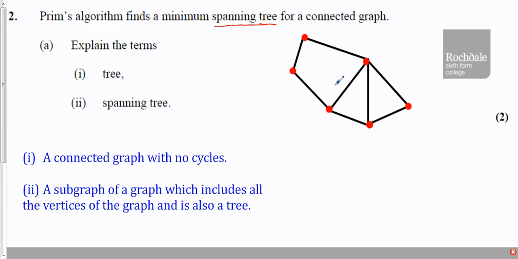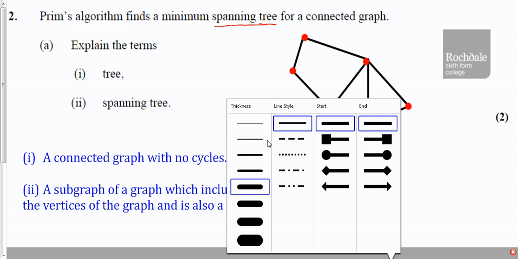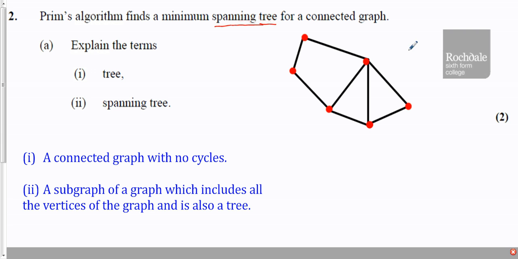It's definitely not a tree. It's got a lot of cycles. I'm now going to draw a subgraph of this graph. In fact, I'm going to give this one a name. Let's call it graph capital G. So that whole thing I'm calling capital G. A subgraph of this is simply a selection of those edges and nodes from the original.